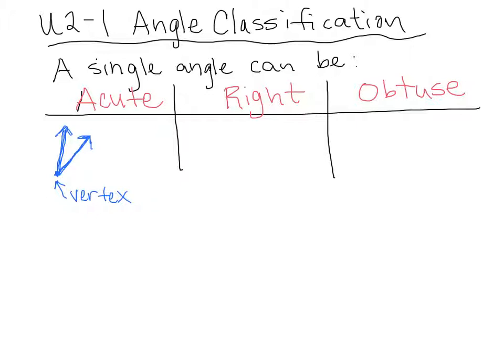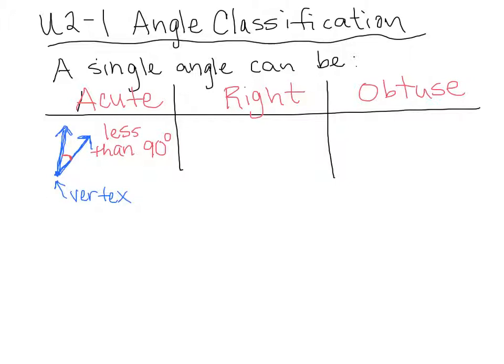And so when those two rays meet at a vertex, it creates an angle. Okay, this angle inside here has a measurement in degrees. And when that measurement is less than 90 degrees, then we have an acute angle. Okay, so it's less than 90 degrees.